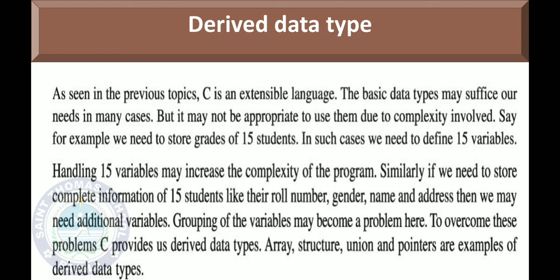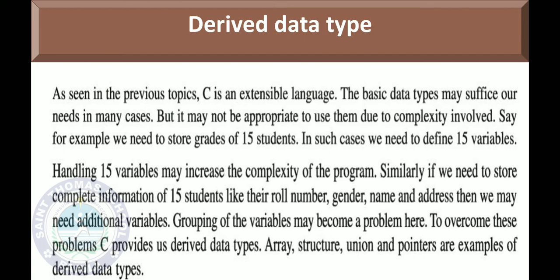So handling 15 variables may increase the complexity of the program. Similarly, if we need to store the complete information of 15 students like the roll number, gender, name, address, then we may need additional variables. And the grouping of variables may become a problem over here.